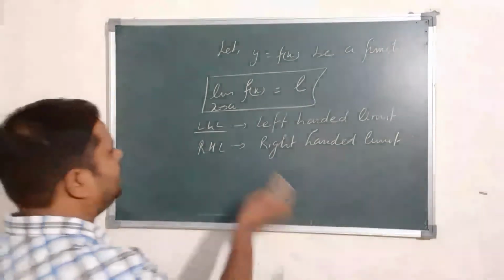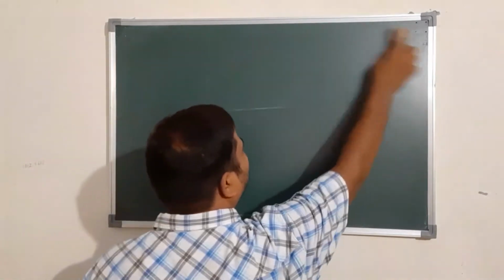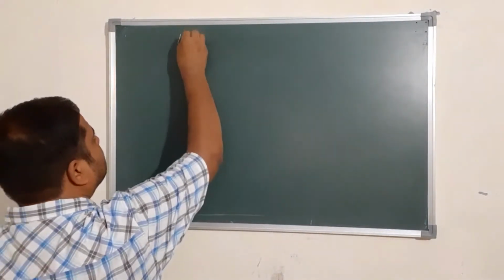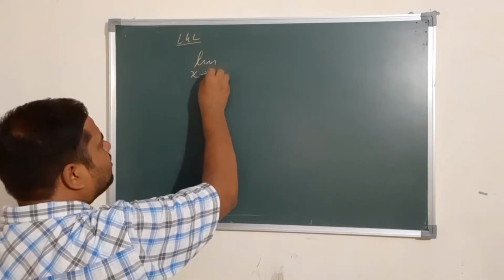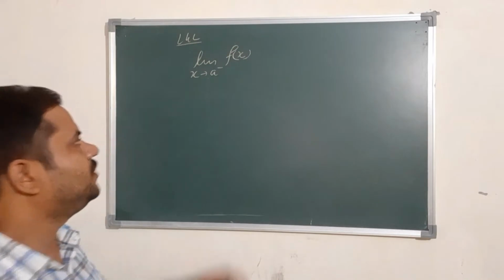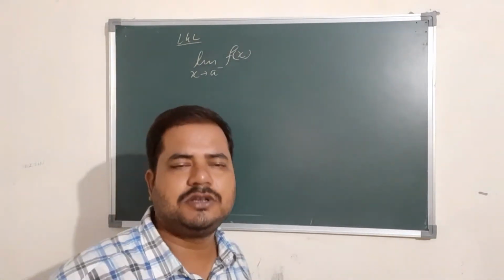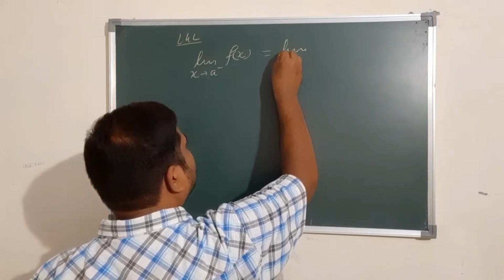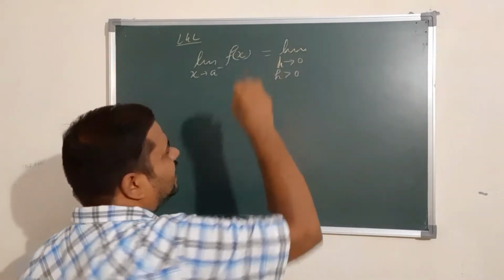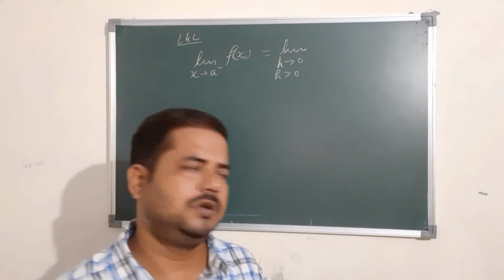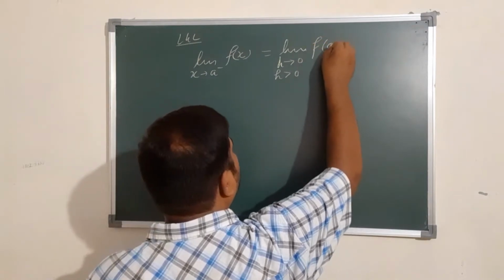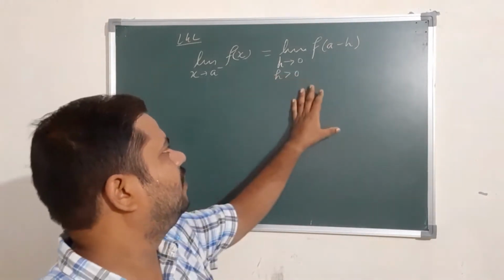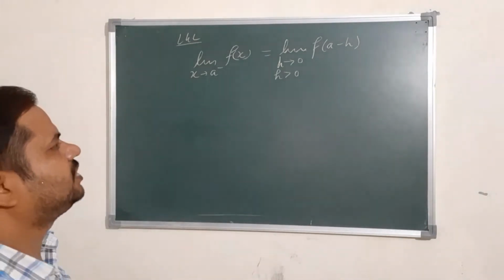LHL is the limit as x tends to a minus of f(x), which means limit h tends to 0, where h is greater than 0, a very small quantity, of f(a minus h). This is the definition of LHL.